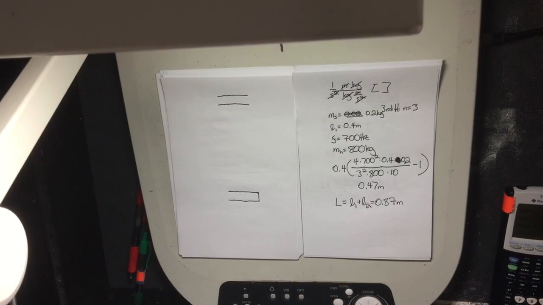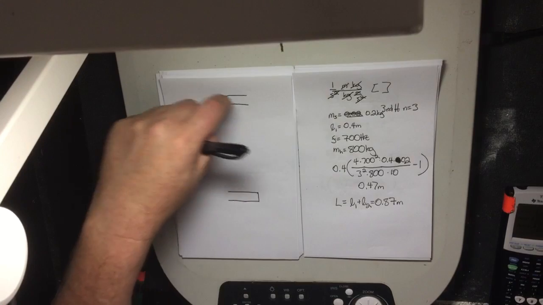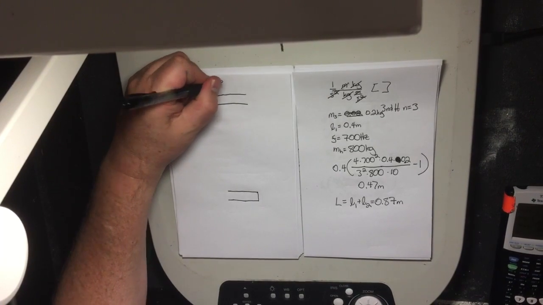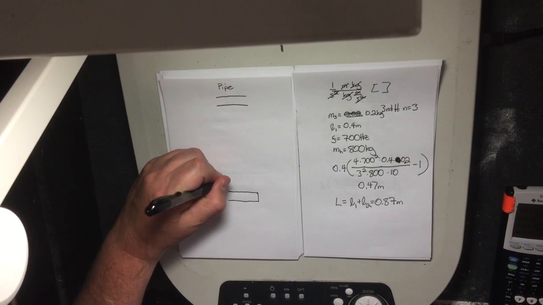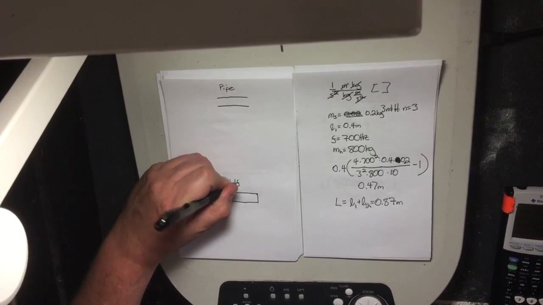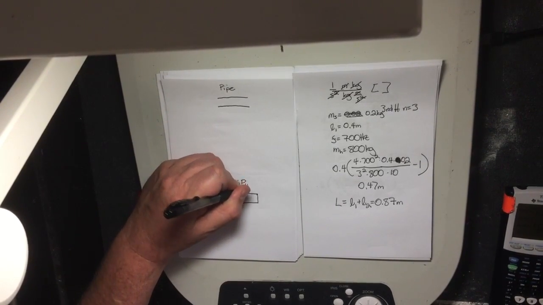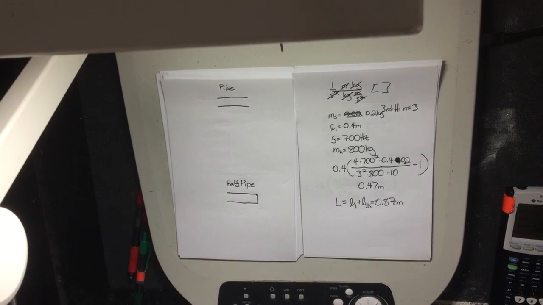One is, you can think of a flute. Flute open at both ends is a type of pipe. A pipe open at both ends. Then there is what I call a half pipe. It is a pipe closed at one end.